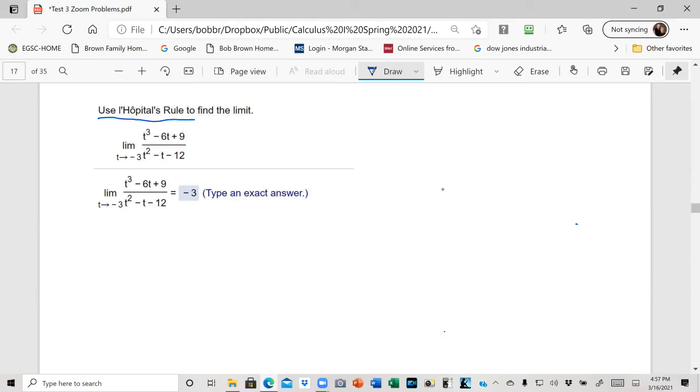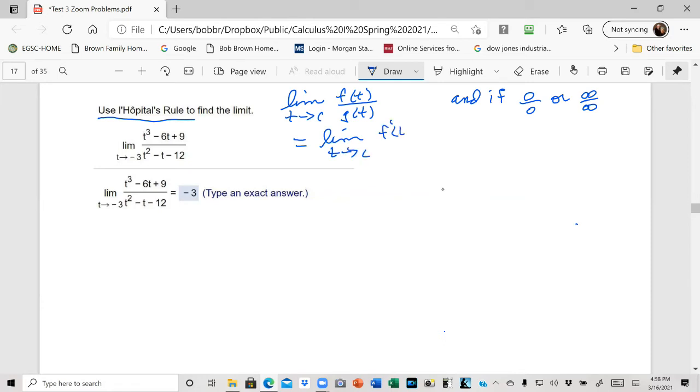And L'Hopital's rule says that if you're trying to find the limit of, say, f of t divided by g of t, as t approaches some value, and if you plug in and you get 0 over 0, or infinity over infinity, that the limit would equal the limit as t approaches c of the derivative of the top, or numerator, divided by the derivative of the denominator.